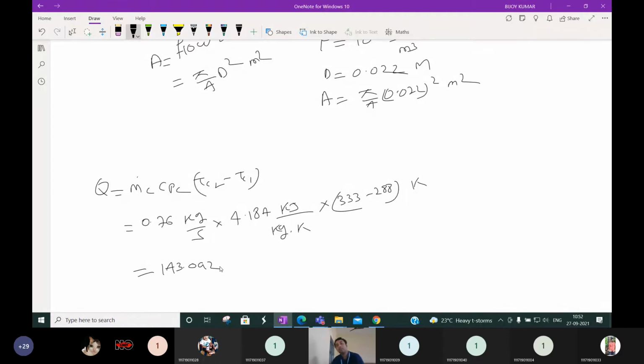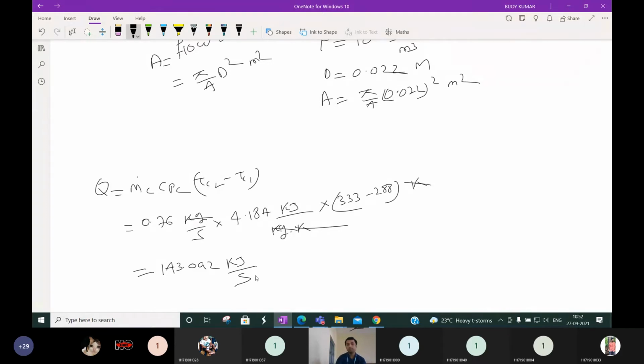And what is the unit of it? Unit is important, I told. So Kelvin is cancelled, kg is cancelled. So the unit will be kilojoule per second.